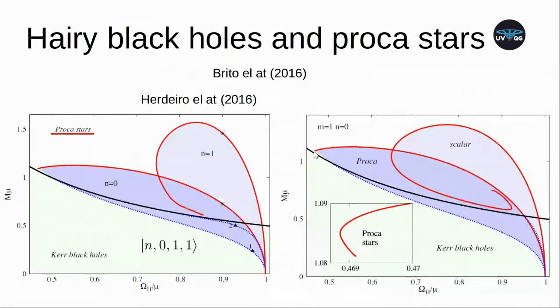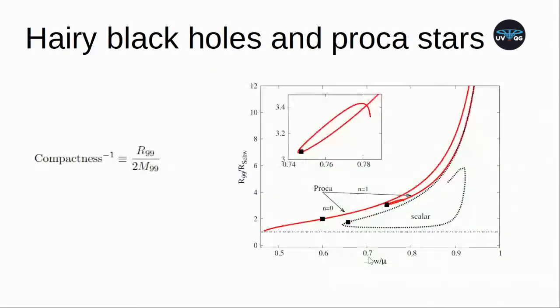And this happens because this black line corresponds to the extremal black hole case, and we see that the red line in this case is very close to this black line. So this solution corresponds to very compact Proca stars, which makes them difficult to compute numerically.